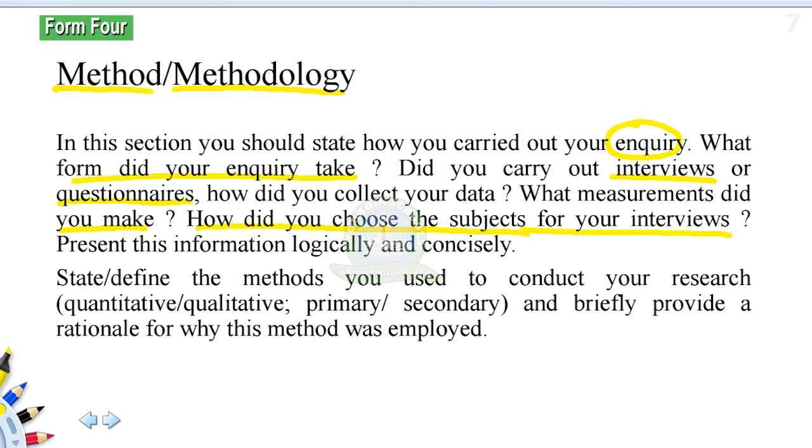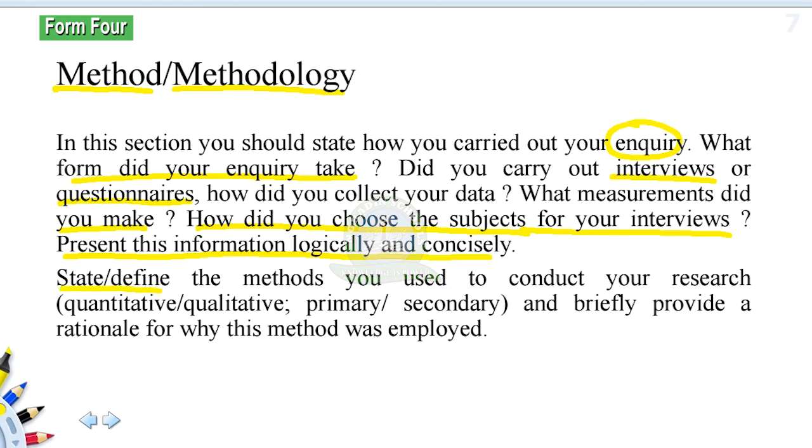When you collect data, you can use questionnaires, interview the people, hold group discussions, or make observations, etc. So present this information logically and concisely, in a short way.